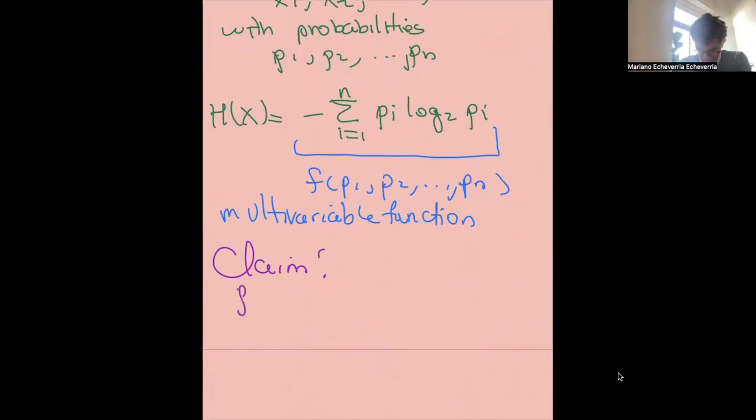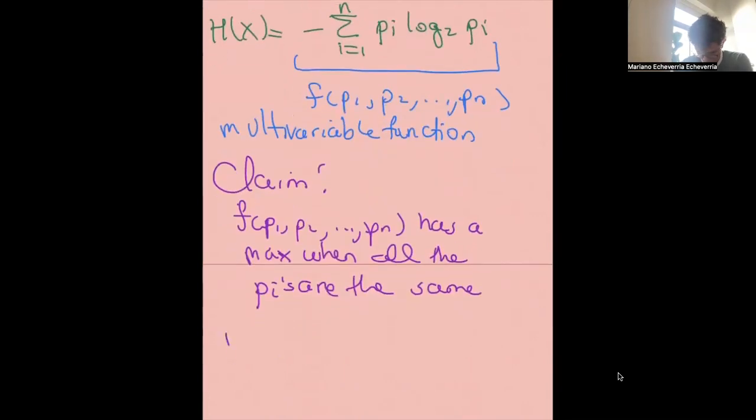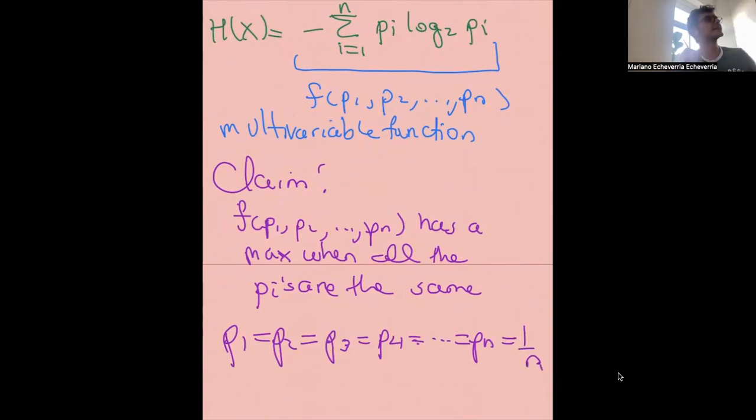So f of P1, P2 up to Pn has a max when all the Pi are equal. So the case of maximum entropy, or maximum information gain, is when everything is equally likely. Entropy is maximized when all the outcomes are equally likely.